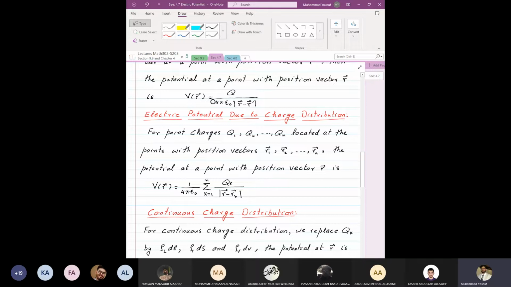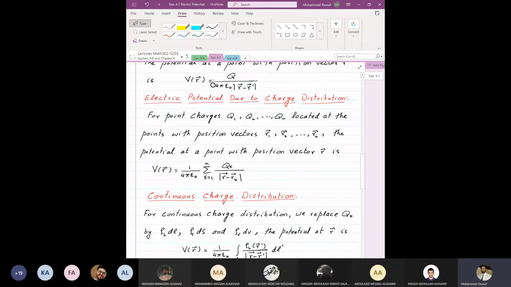Then the potential at any other point, which is other than these points, is given by the sum of Q over |R minus Rk|, where Rk is the position vector of the points where these charges are located.